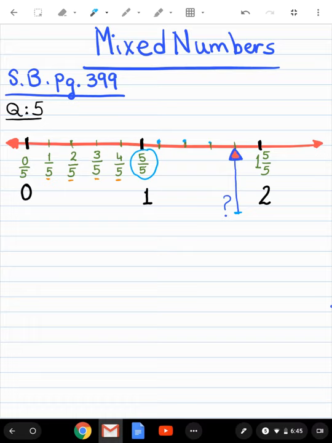So the place of the arrow here will represent 1 whole and 4 out of 5. This is the mixed number represented by the arrow. See here, when we reach 2, I can represent 2 as 1 whole and 5 out of 5, which is equal to 2.